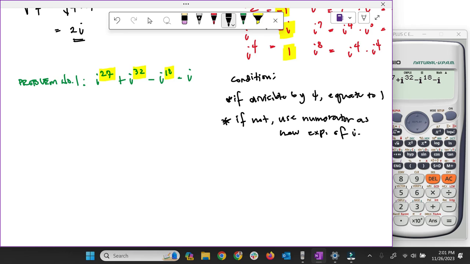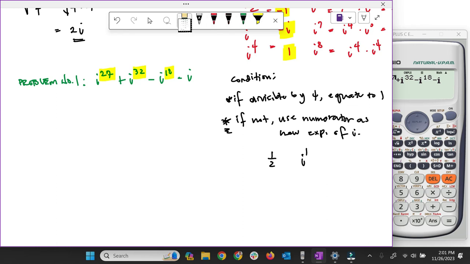For example, ang naging sagot mo is 1/2. Okay? Ngayon, baka gawin mo, okay, i raised to 1, kasi nga sabi ni ma'am, yung numerator ang magiging bagong exponent ng ating i. Hindi po ganun, no? Sabi ko nga, kailangan yung denominator is 4. So paano kapag 1/2?